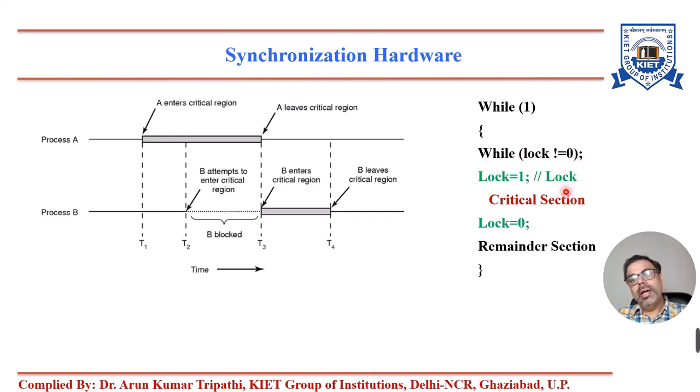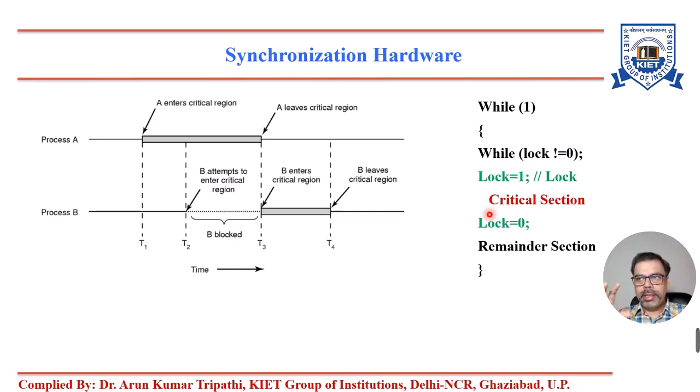Before entering into the critical section, it will set the value of lock as 1. After completing the critical section portion, it will again set the value of lock as 0 and execute in the remainder section. This is the one-process case as given in the book.